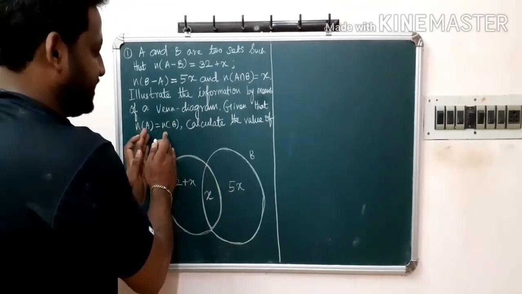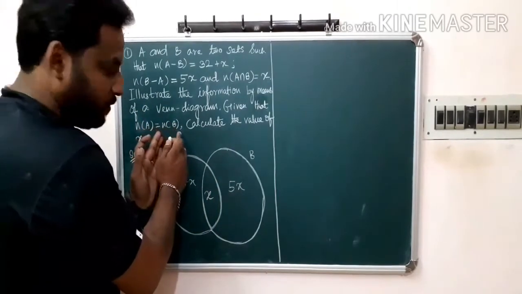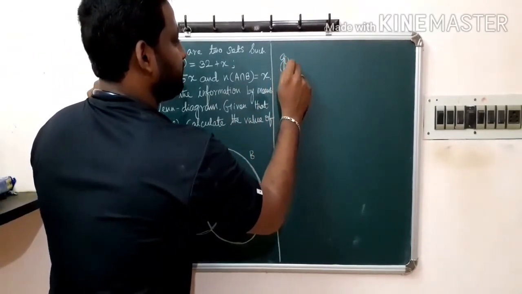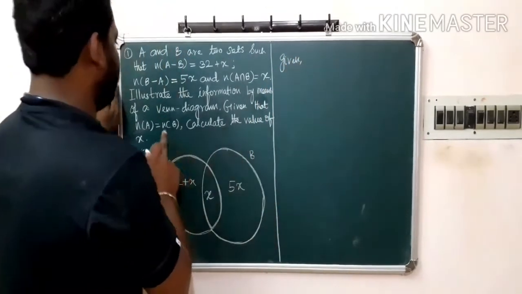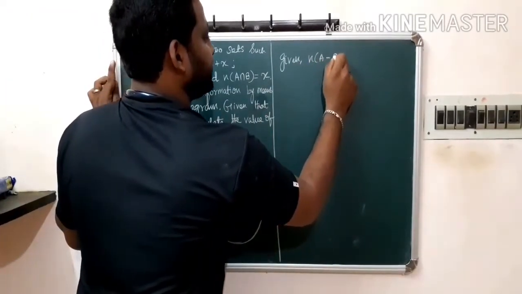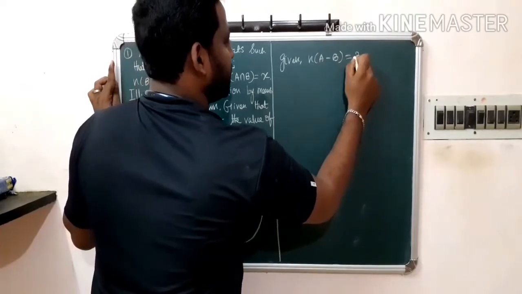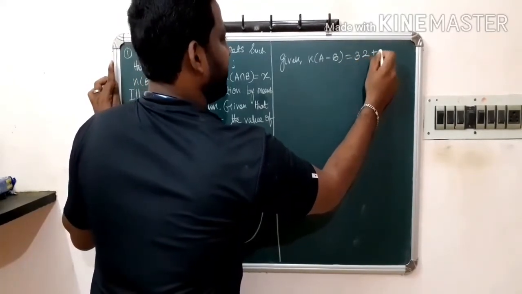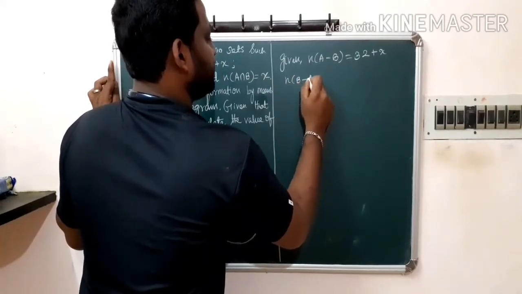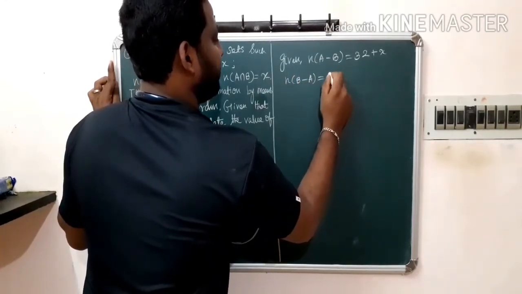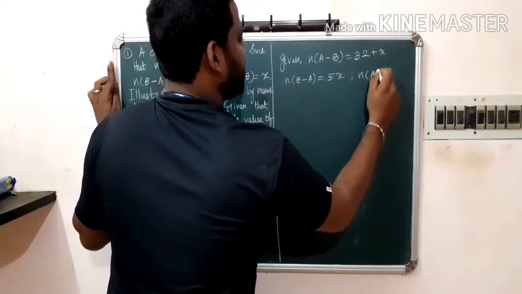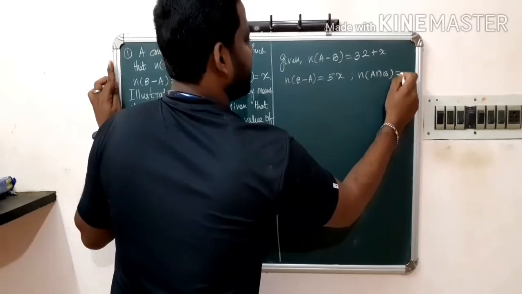Here the condition is given, that is N of A is equal to N of B. So before that, what is given? N of A difference B is 32 plus x, and N of B difference A is 5x, and N of A intersection B is x.